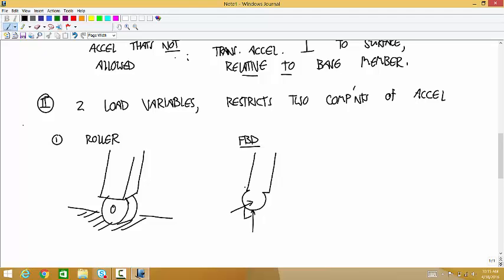Are you following what I'm trying to draw there?